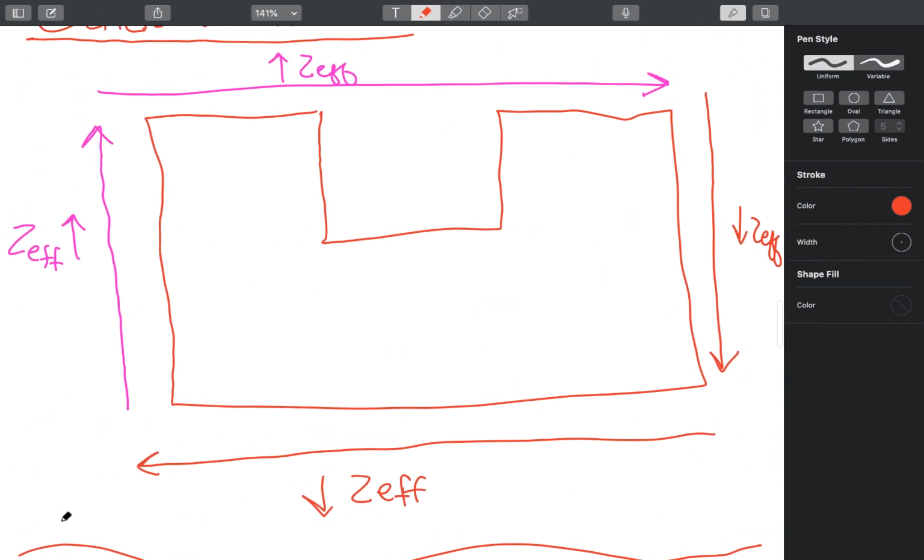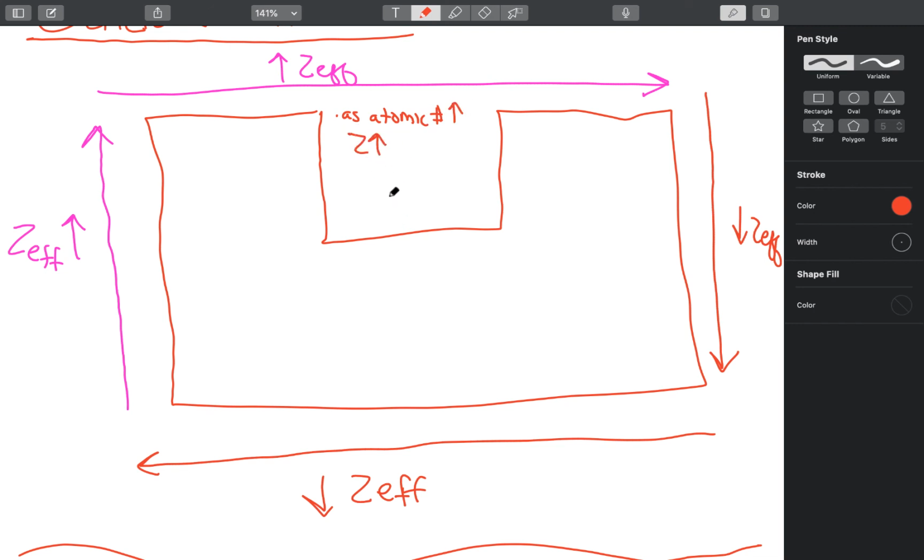And what is the reason for this? Well, as we move from left to right, our effective nuclear charge increases because our atomic number is increasing. And remember, atomic number is equal to the number of protons in the nucleus. So as the atomic number increases, Z increases.